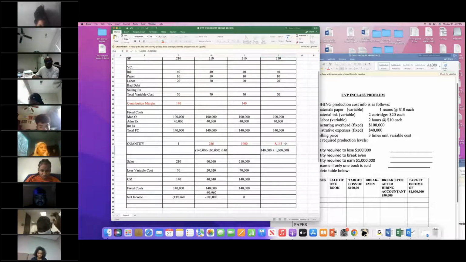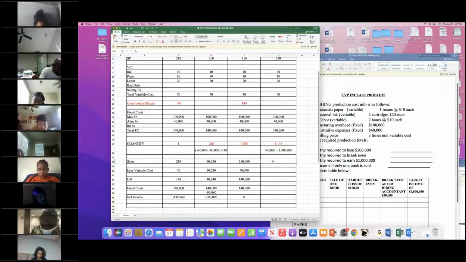So all we're saying is you've got to sell a whole item. So just round, and if we're within $100, we're okay. What are our sales? 1,710,030. What's our variable cost going to be? $570,010.